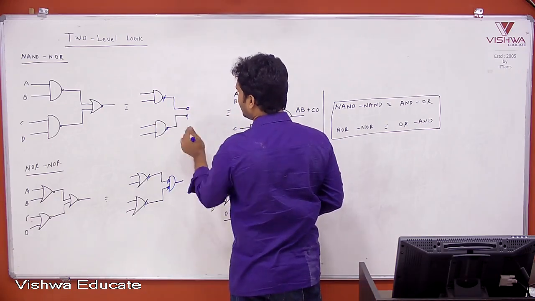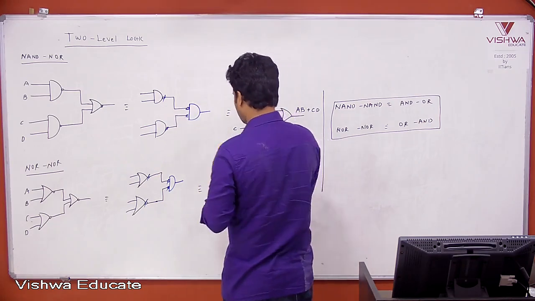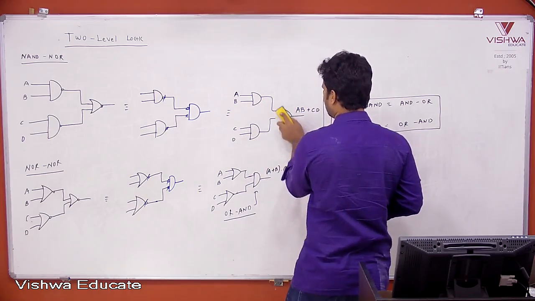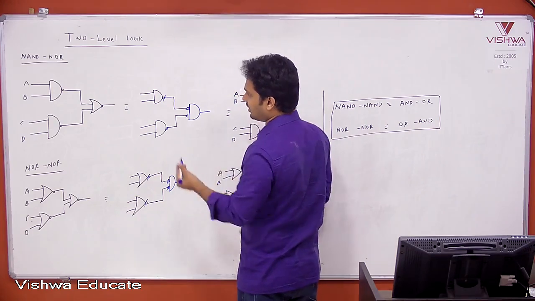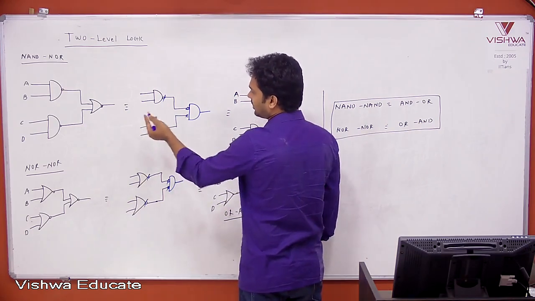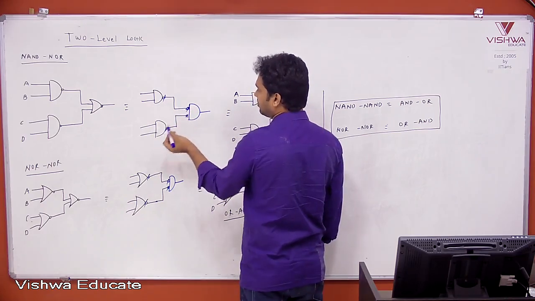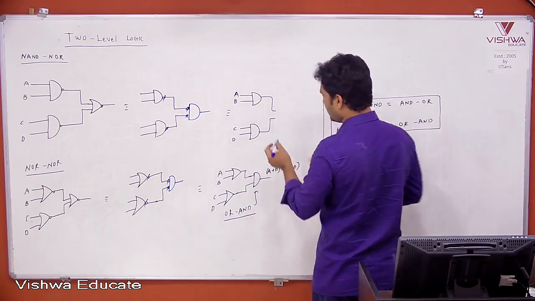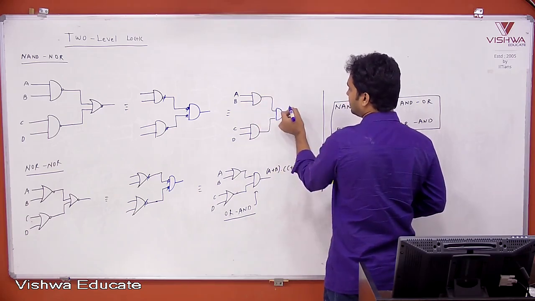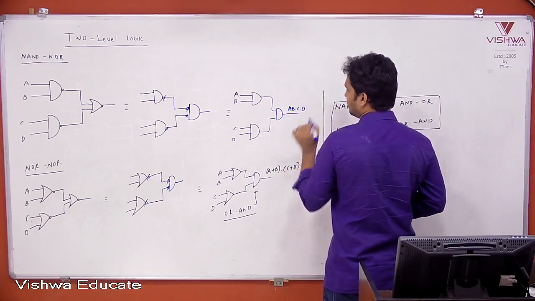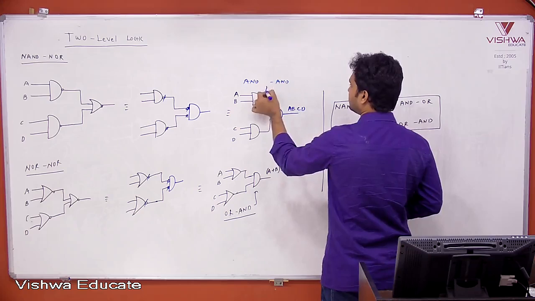I am keeping the NAND gate as it is. The NOR gate I write as a bubbled input AND gate. You understand? NAND followed by NOR, and the NOR can be replaced with a bubbled input AND gate. The bubbles cancel. So what is the answer here? Simply AND gate, A into B into C into D. It is nothing but an AND gate followed by another AND gate.